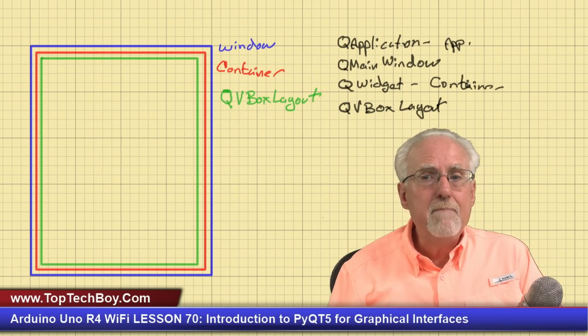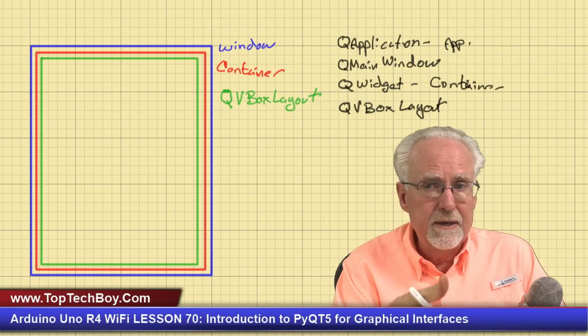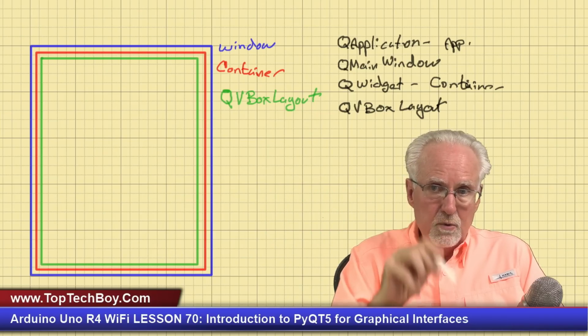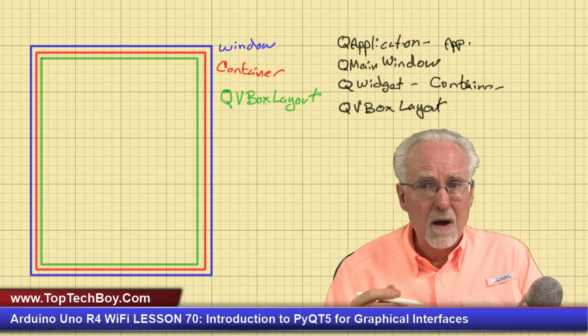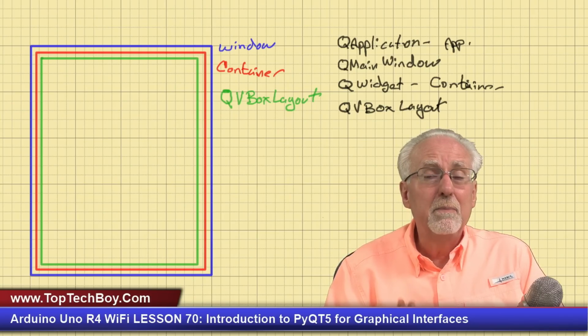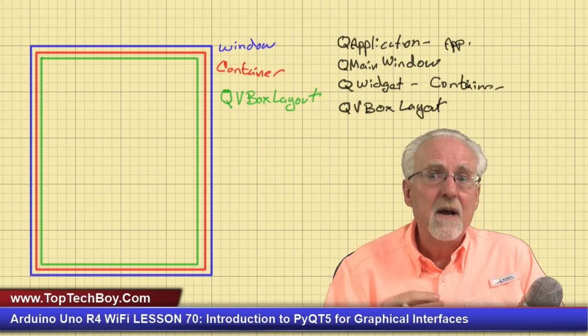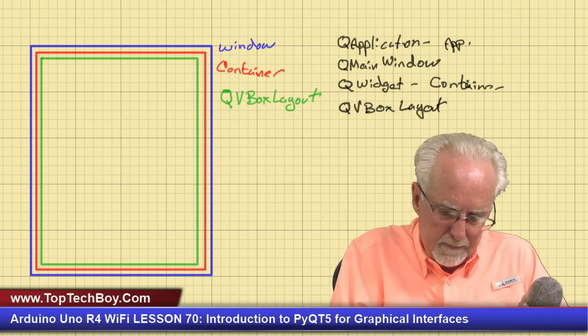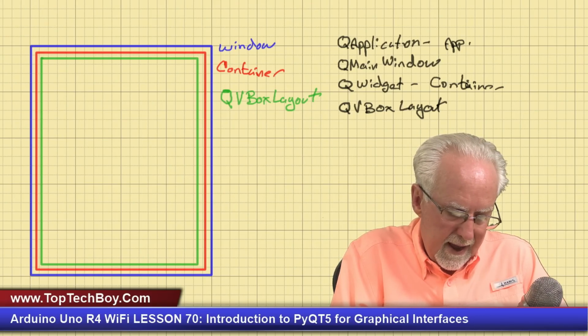But now you can imagine, if you looked at my earlier example, you might want horizontal buttons, and then you might want a little bit more complicated layout. So you can put a layout box in a layout box. So let's put another layout box.